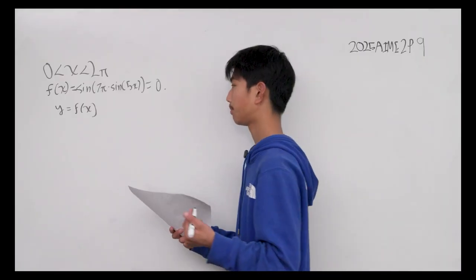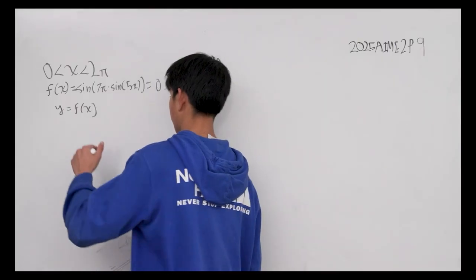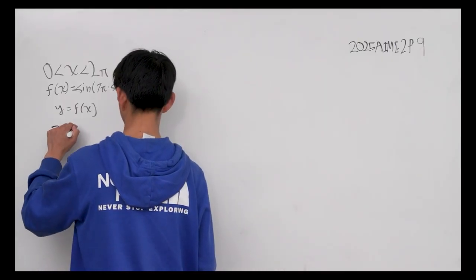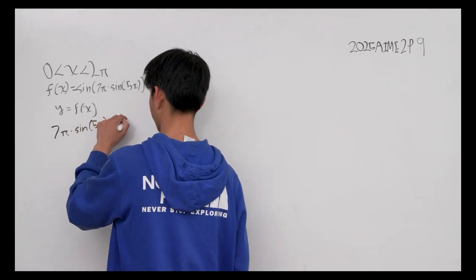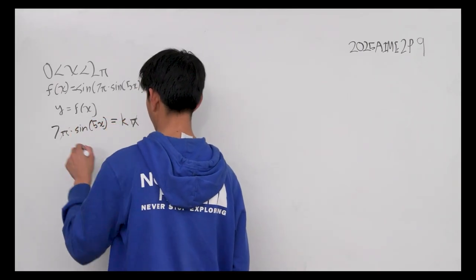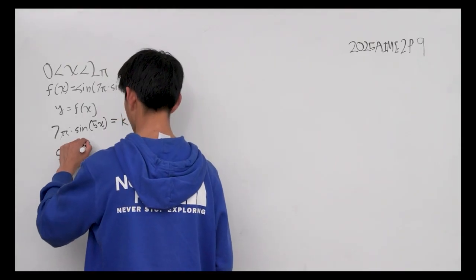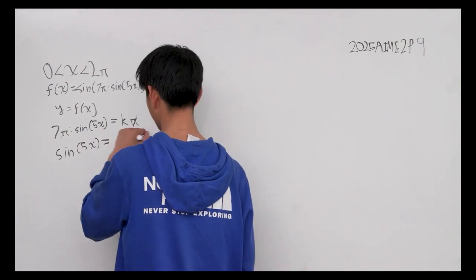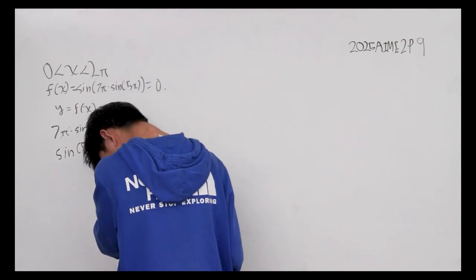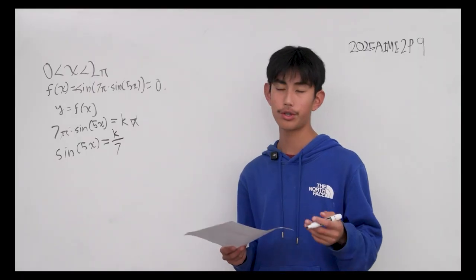So therefore, we can say that if this is 0, 7 pi times sine of 5x is equal to k pi. Notice the pi's cancel out there. So we have sine of 5x is equal to k over 7.